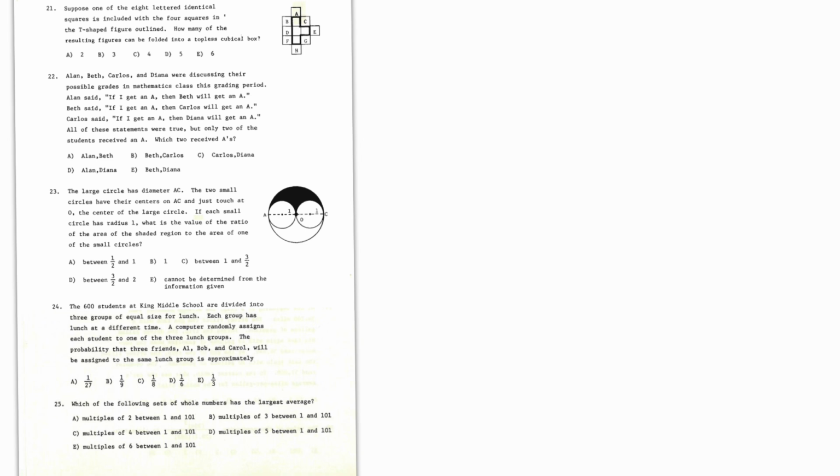Number 21. Suppose one of the 8 lettered identical squares is included with the 4 squares in the T-shape figure outlined. How many of the resulting figures can be folded into a topless cubical box?